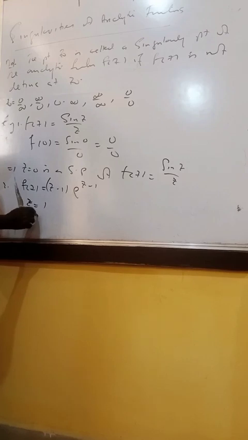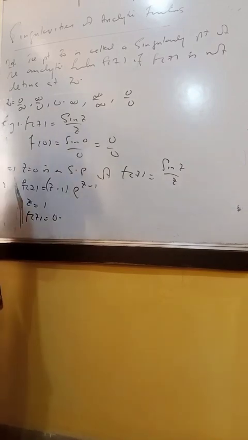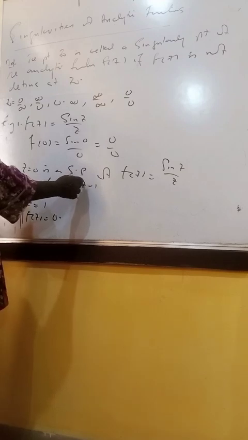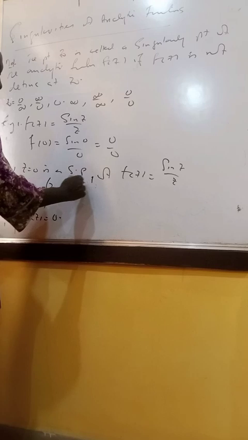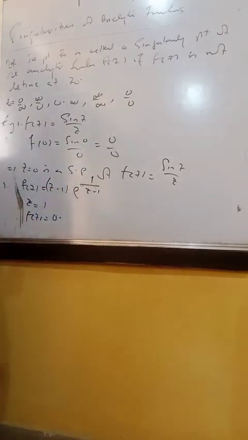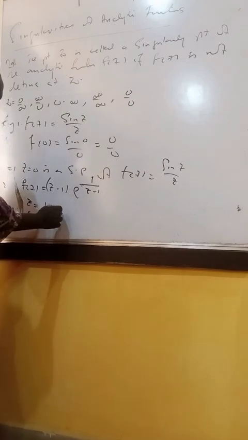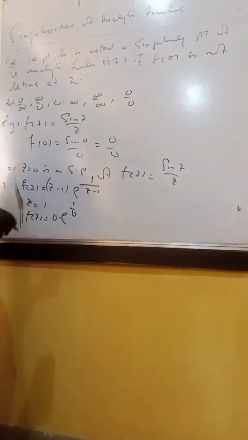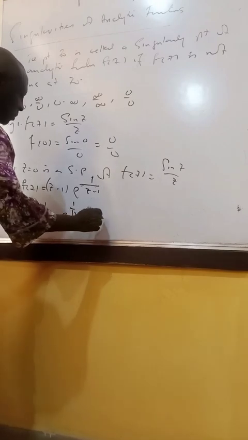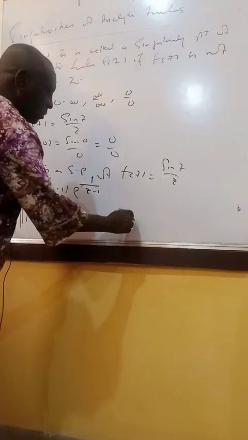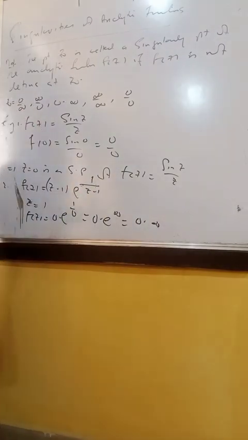Our f of z will be equal to what? 0 times e raised to power 1 all over 0, which is equal to 0 multiplied by e raised to power infinity, which is equal to 0 times infinity. It's a singularity point because there is no value like 0 multiplied by infinity. So these are all possible.